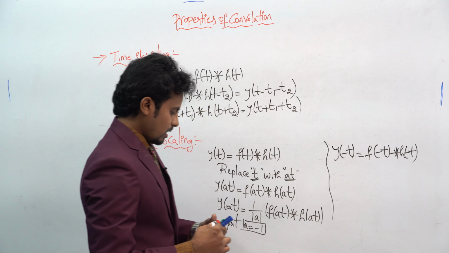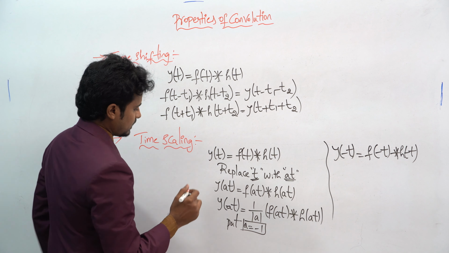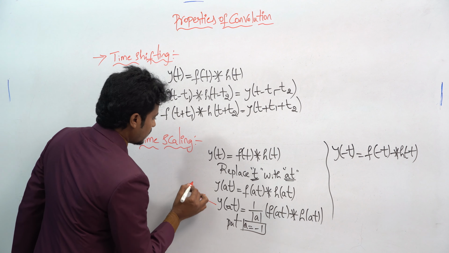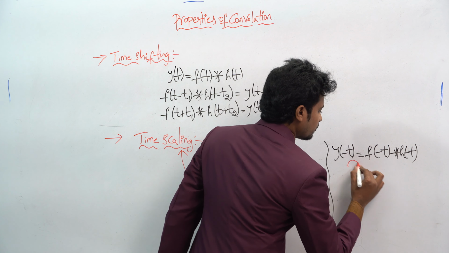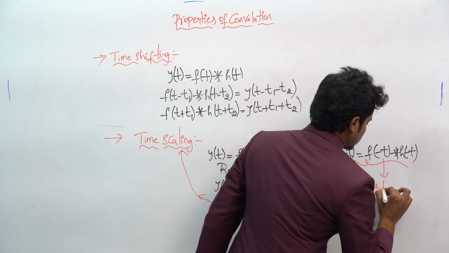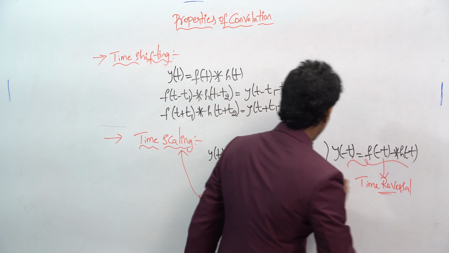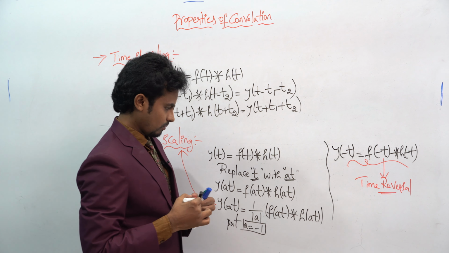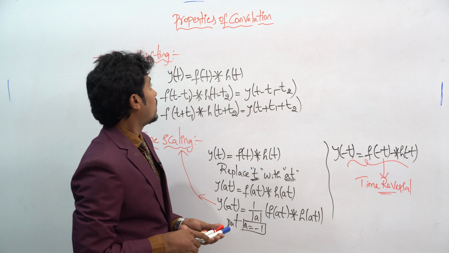This is the formula for time scaling, and this is the formula for time reversal. Generally these types of properties are used in the problems.